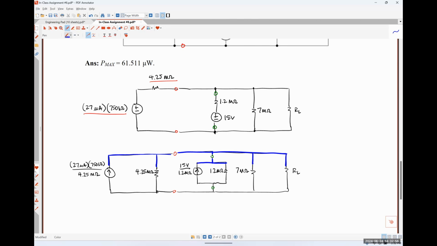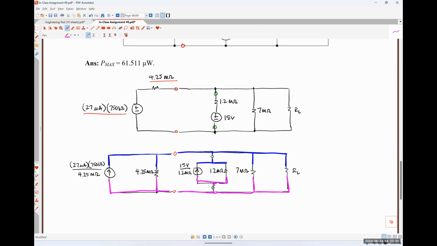So if all of those resistors are in parallel, what can I do? Combine them. Okay, so I 100% agree with that, but let's look at something else. Let me finish identifying these nodes here, but Baylor is 100% correct that literally just everything is in parallel now. My current sources are in parallel as well, right? Because they're both between the blue node and the pink node. And what happens when I have current sources that are in parallel?